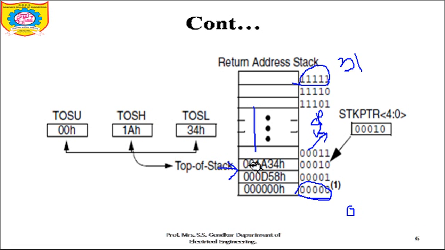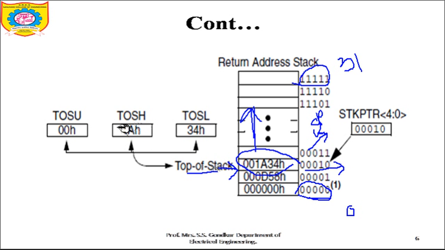This is the last entry. Where is the last entry? The location pointed by the stack pointer for the last entry will be 0 0 0 1 0. And what is the data? Data is 0 0 1 A 3 4 H. So above this you don't have any data, right? So this will be called the top of stack.